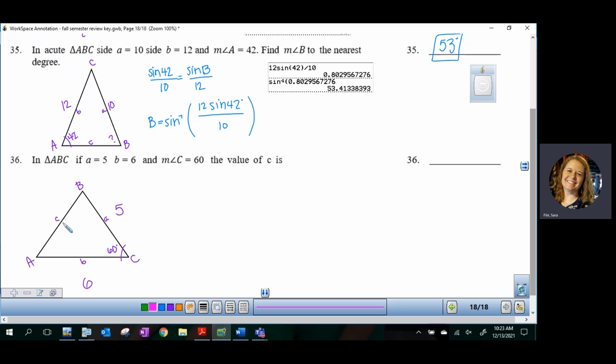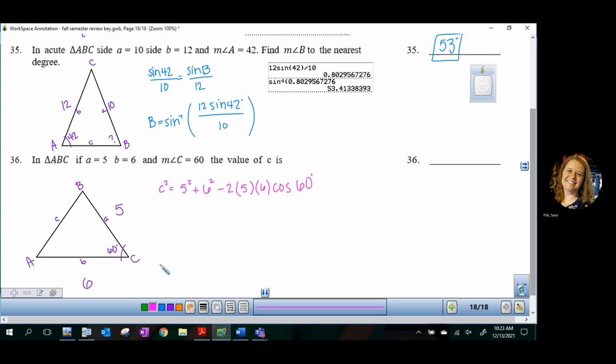So I want to find side C. So it's going to be the two known sides squared and added, minus 2 times those two sides times cosine of that angle. Okay, and I got this from the formula chart, this formula.